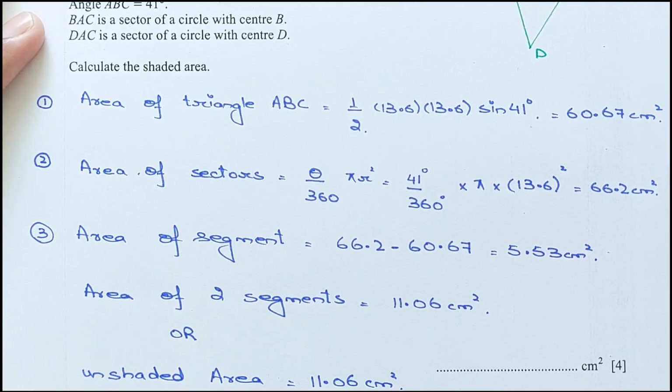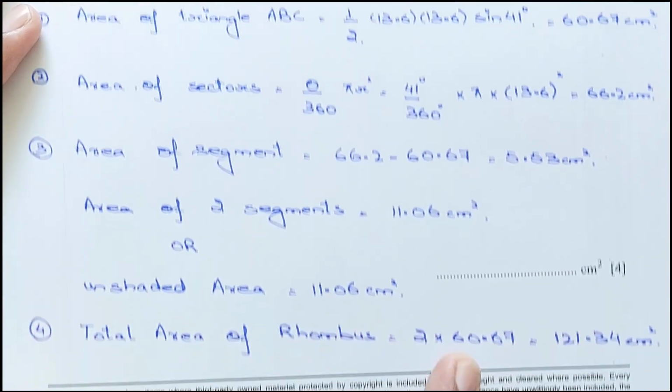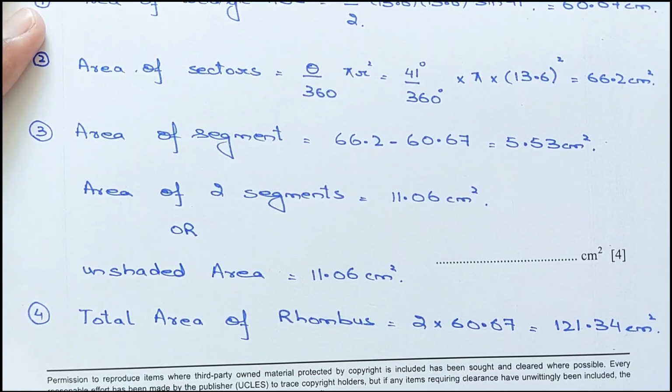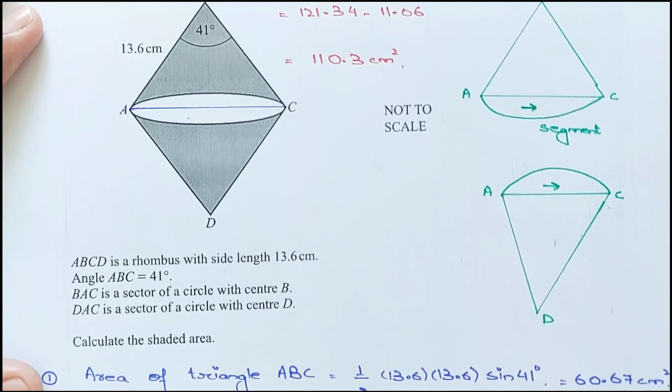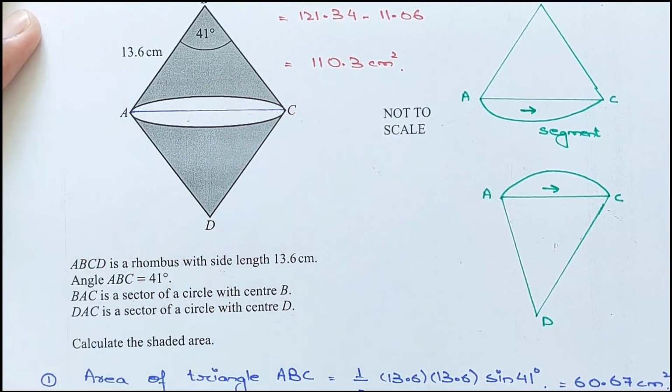That gives the segment area, which is basically the unshaded area. The total area is the area of the rhombus, which is the sum of two triangles, ABC and ADC. So the shaded area is the total area, subtract the unshaded one, and we get the area of the shaded region.